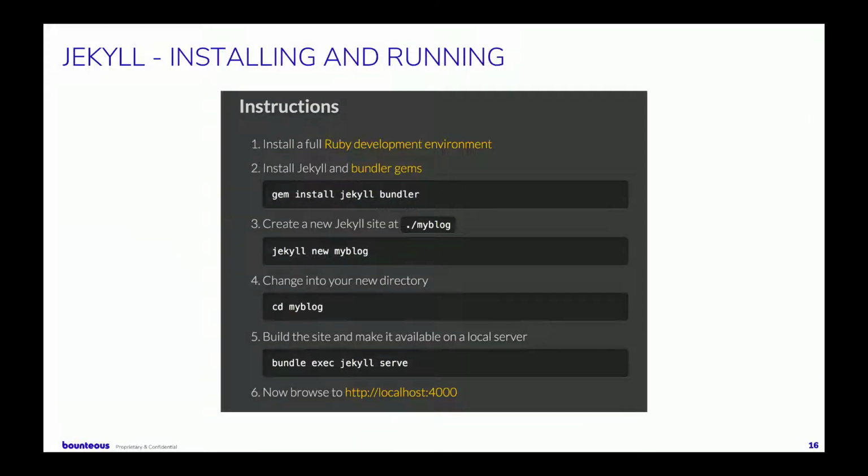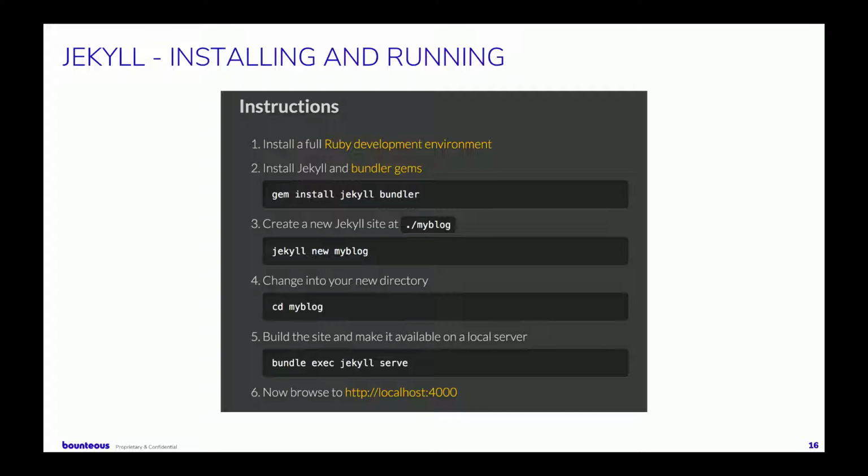So, just looking at the process to install and run JEKYLL, as someone who's not a Ruby guy, I love the first step here. Install a full Ruby development environment, which links off to a completely different page. That's going to be fun.